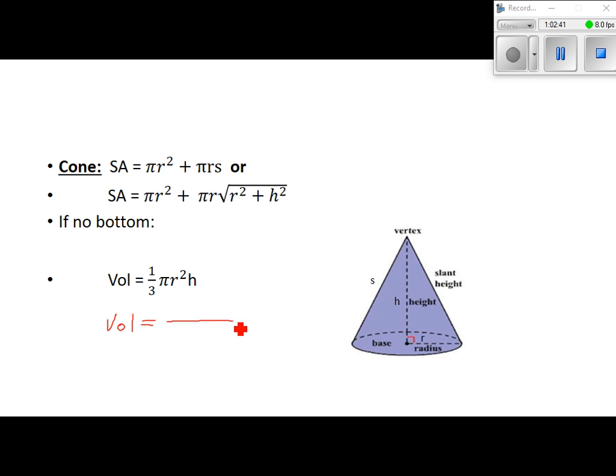On this bottom one, I'm going to write this formula a different way. It might make it a little easier for you. Pi times radius squared times height divided by 3. They're exactly the same, just written in two different ways. It might be easier to put it into the calculator with that form.